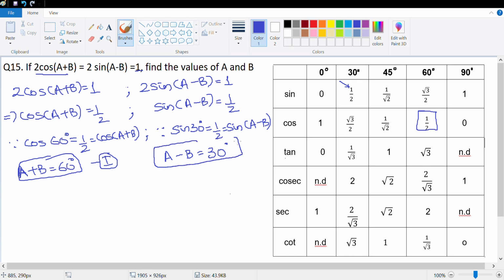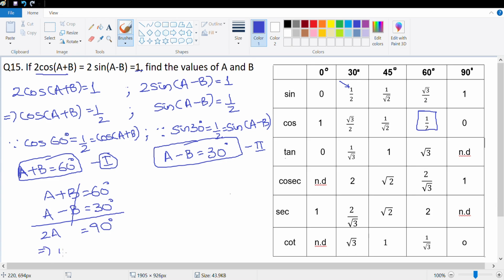So that's our second equation. Let's solve them simultaneously. So let's add them. a plus b is equal to 60 degree. a minus b is equal to 30 degree. Let's add. b and negative b get cancelled. So 2a is equal to 90 degree, which means a is equal to 45 degree.